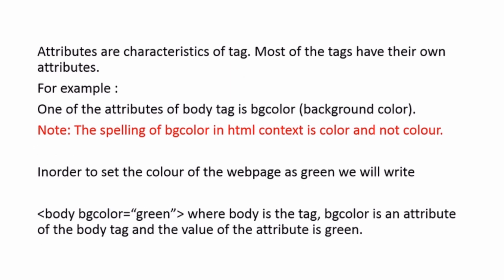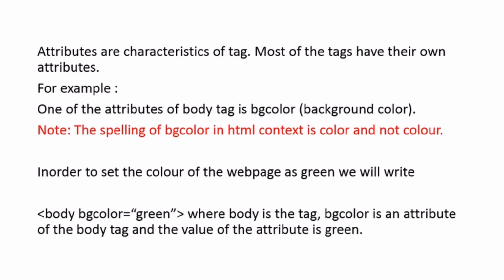Now what are attributes? Attributes are nothing but features of the tag. So in order to add more beautification or in order to add more characteristics to various tags, we use different attributes. Most of the tags in HTML have their own attributes. So let's take up an example.